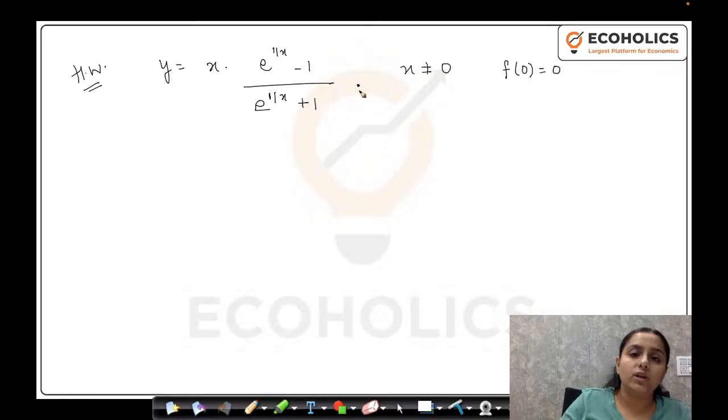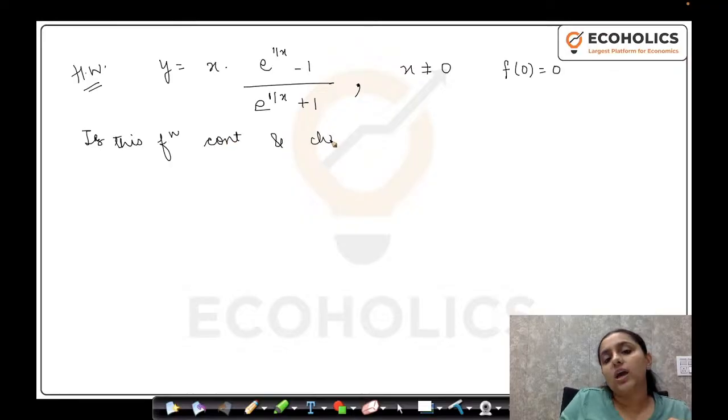That's how we take the value. So is this function continuous? And check for differentiability as well.